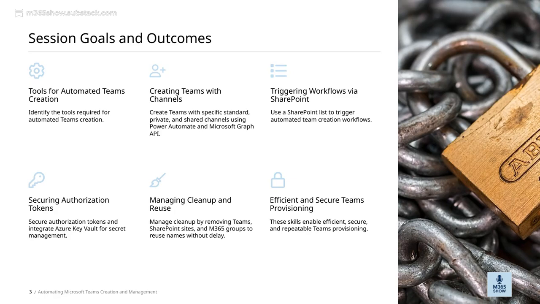This allows us to customize teams based on specific needs and collaboration models. And to make all this happen smoothly, we need to identify the right tools for automated Teams creation. Choosing the right tools ensures our processes are reliable, scalable, and efficient, supporting our overall goal of streamlined team management.